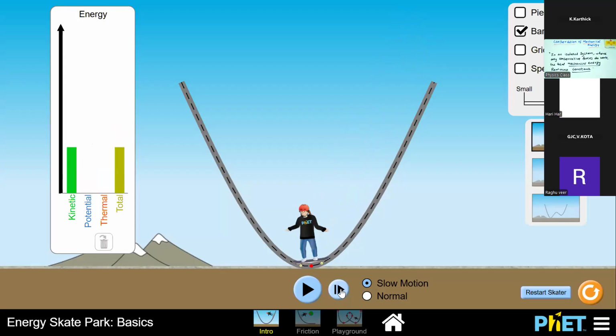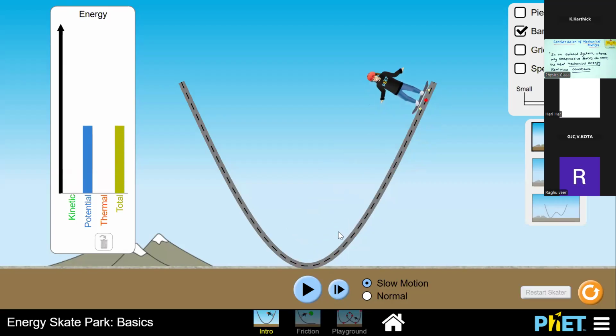Potential energy decreases, kinetic energy increases. So at the bottom, kinetic energy is maximum and potential energy is zero. As they lose height, potential energy converts into kinetic energy and they speed up like this.